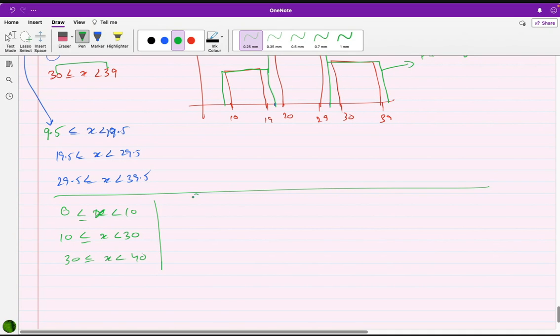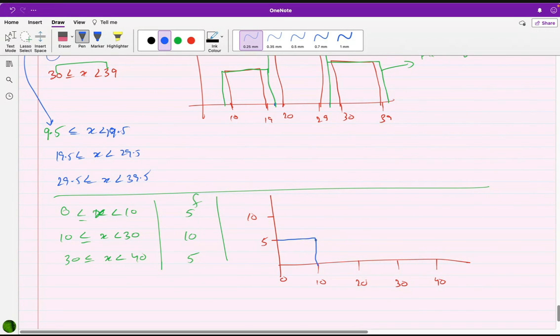So if I write the frequencies, let's say this is 5, this is 10, and this is 5 again. When we draw this, I start from 0, 10, 20, 30, and 40. On the other side, let's say this is 5 and this is 10.